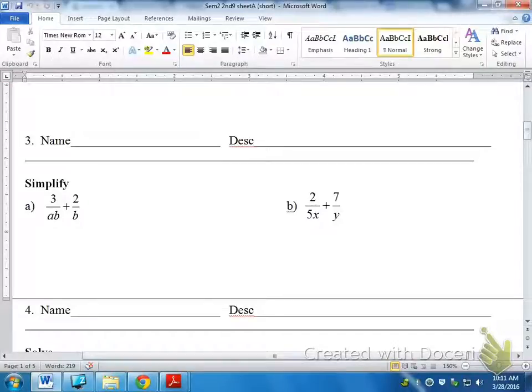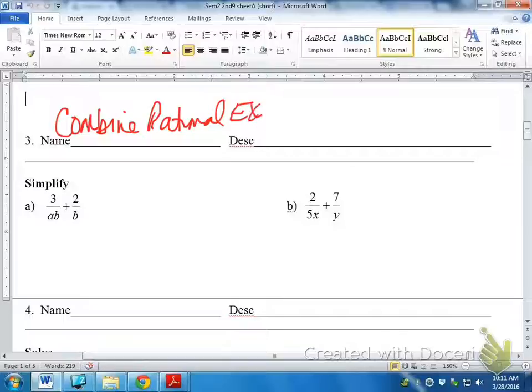So, number 3, combine rational expressions. Can we just put COMRATEXT? Combine rational expressions. Okay, here's the trick.